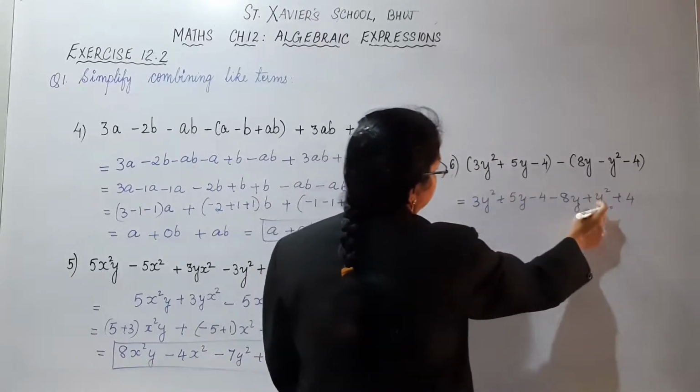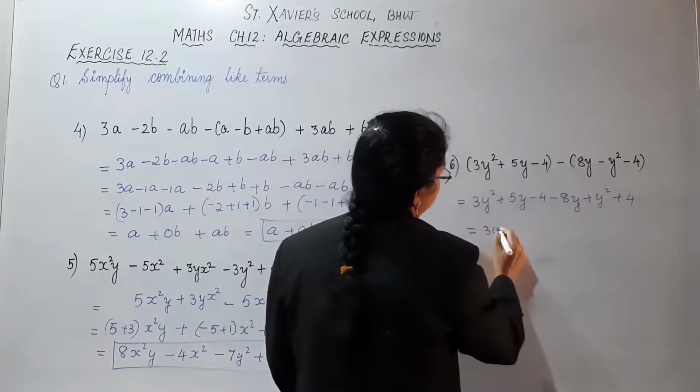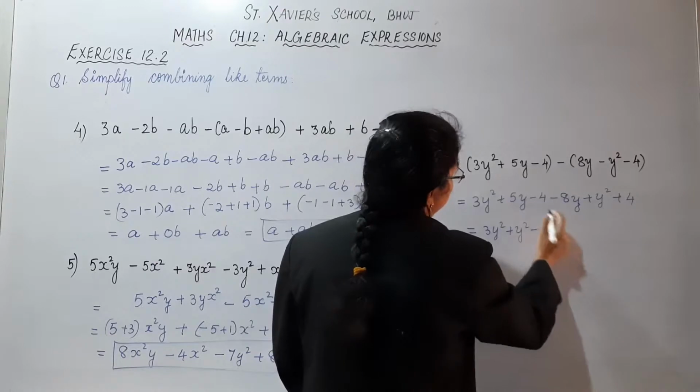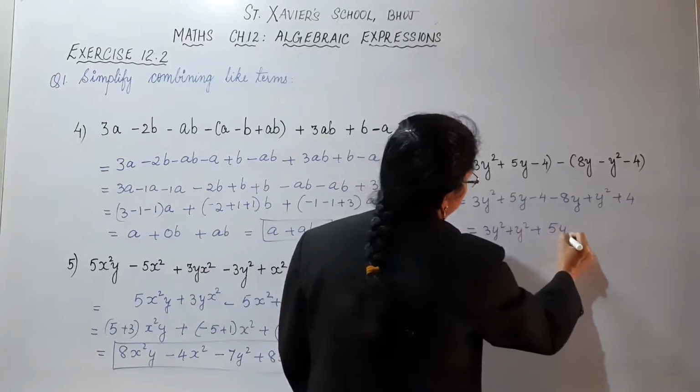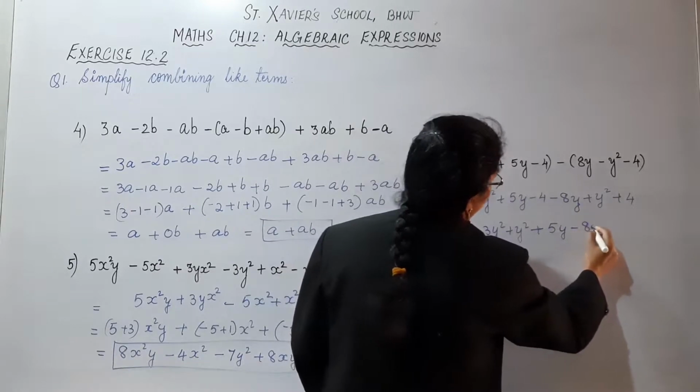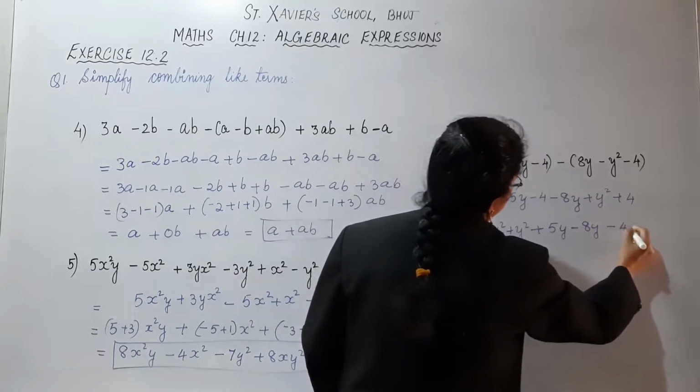Now let us pick up the like terms. 3y square and plus 1y square. 3y square plus y square, plus 5y minus 8y, minus 4 plus 4.